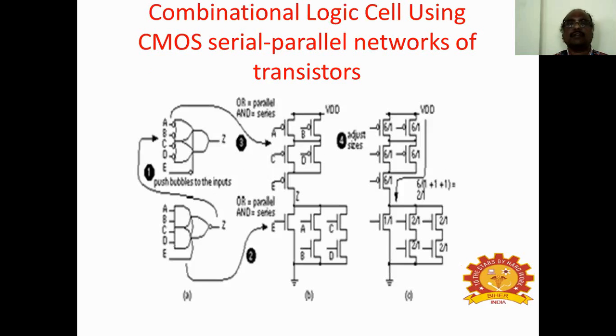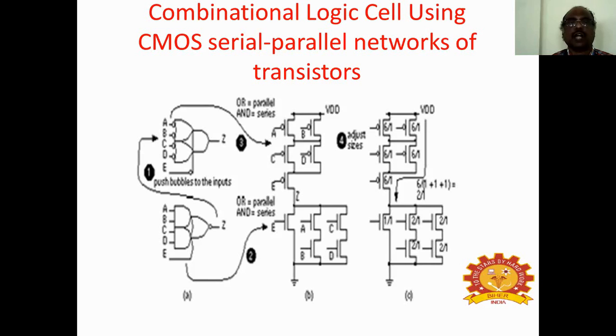Now, how the transistor level implementation works, how the series and parallel networks of transistors come into the picture. You can see from the left diagram, A dot B. Here the OR functionalities are in parallel. This is a CMOS implementation, therefore there will be a P array and an N array of MOS transistors.